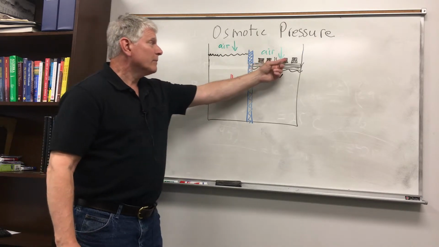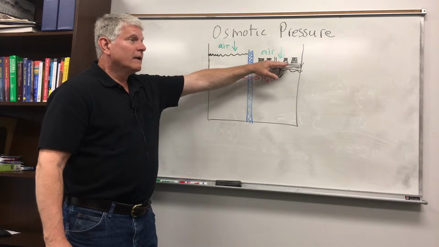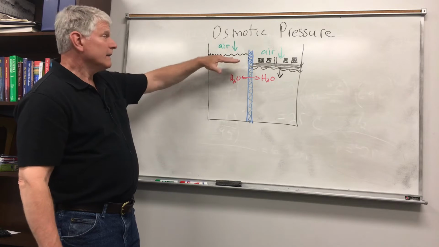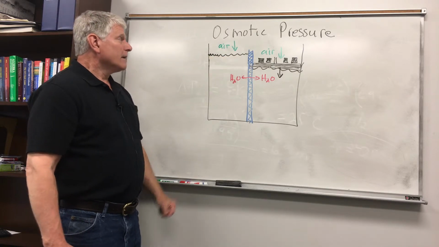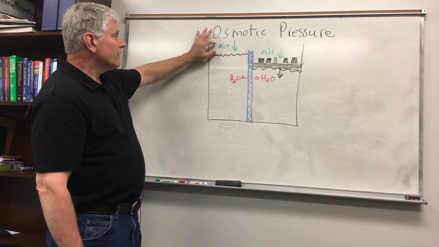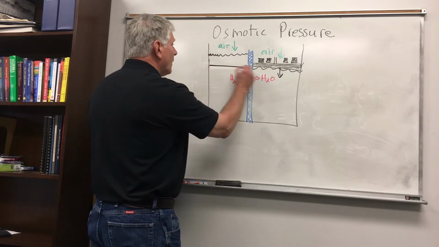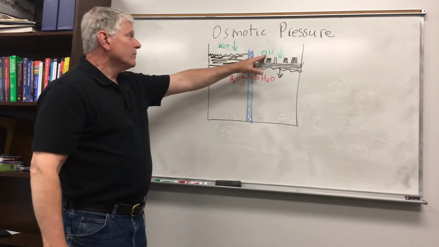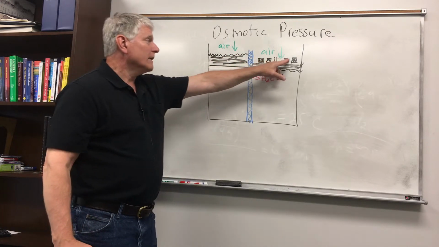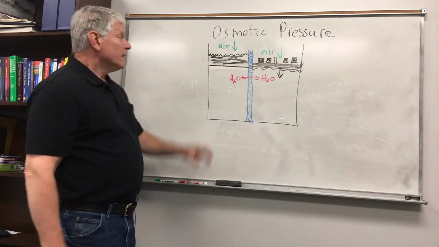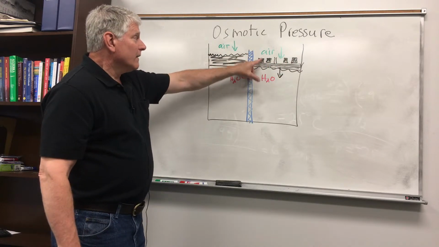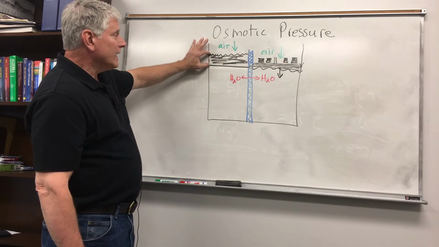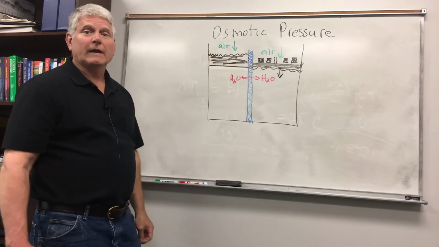Because of the weights we put on the right side, water's been forced through this divider into the left side, and it's not until the air pressure plus this additional weight of the water due to gravity is equal to the air pressure and the weight of these lead bricks. So when the weight of the air and the lead bricks is equal to the air and this additional amount of water, then the level will stop rising on the left side.